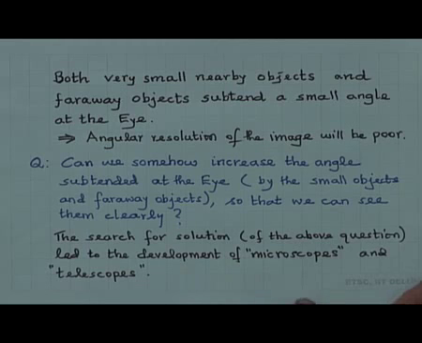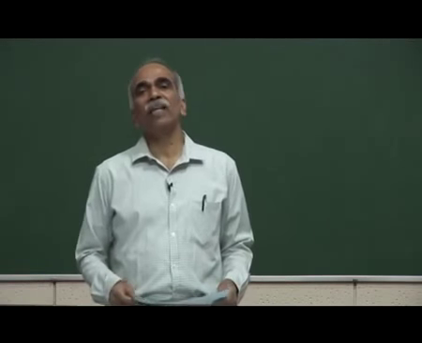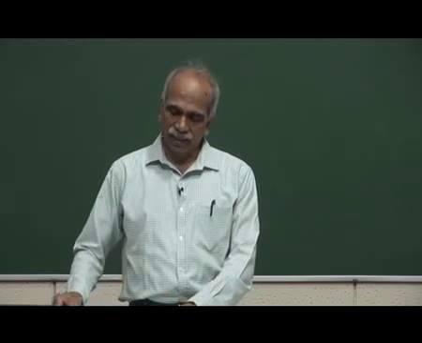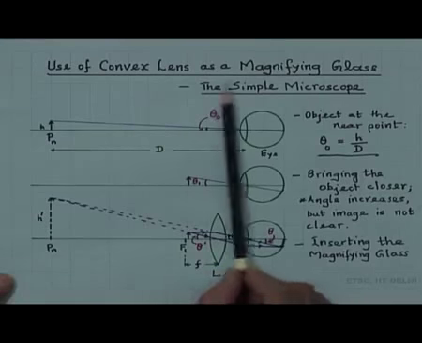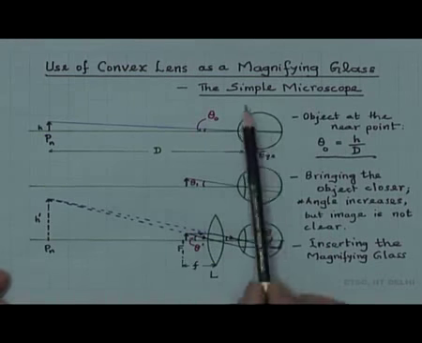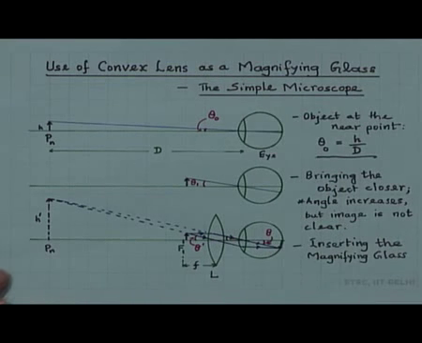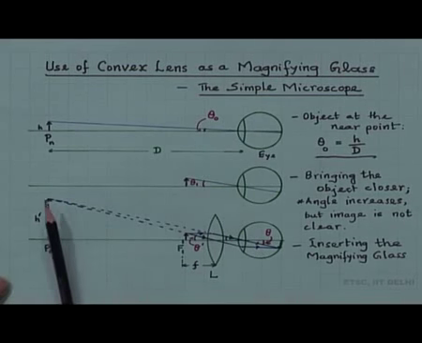So, first let me discuss the simple microscope, which is the magnifying glass, a convex lens as a magnifying glass. So, here it is, use of convex lens as a magnifying glass. This is the simple microscope. Obviously, we will also study the compound microscope, and so first let us understand the working of a simple microscope.